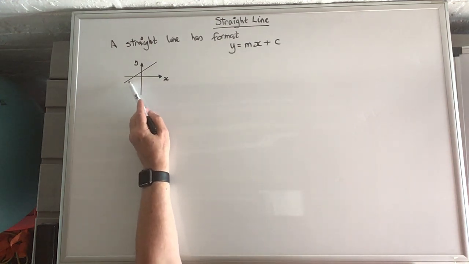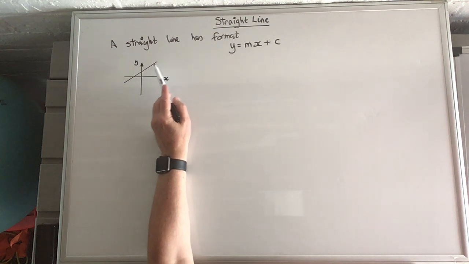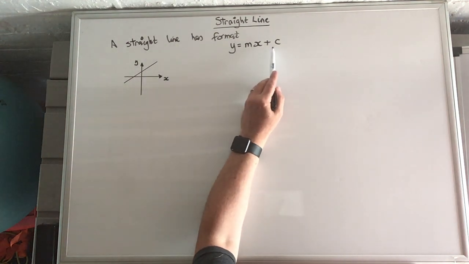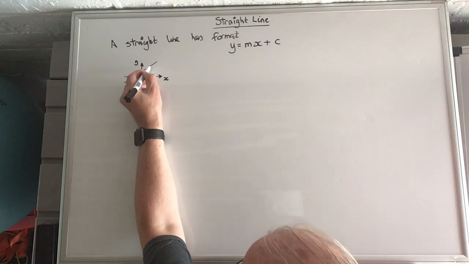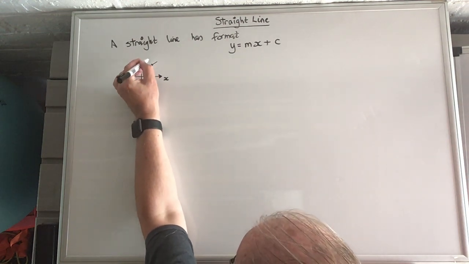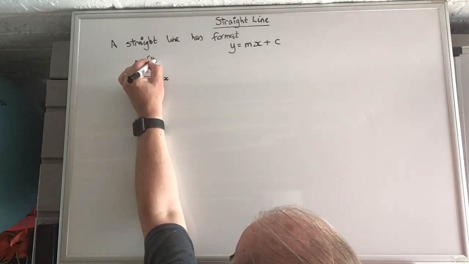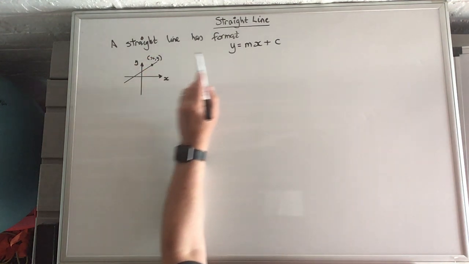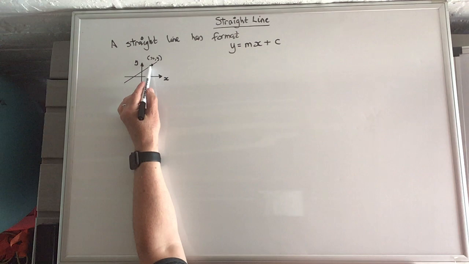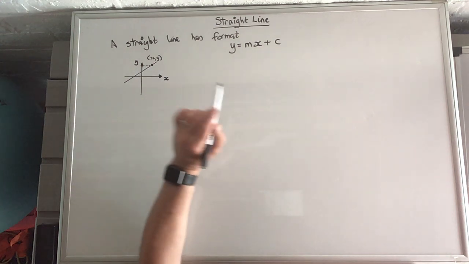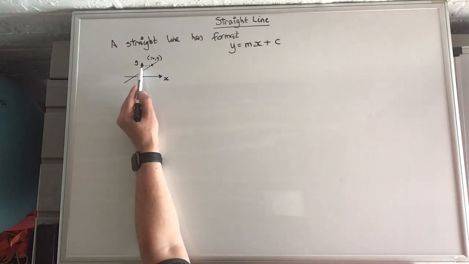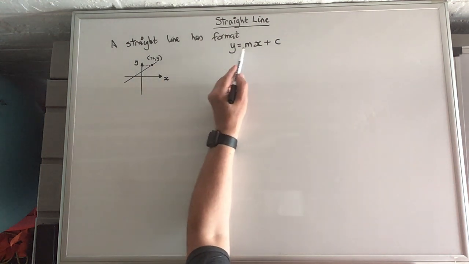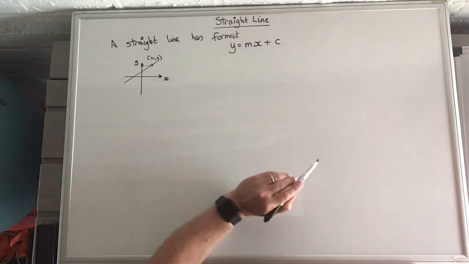Any point on this line is defined using this equation. If I put a point on the line and call it (x, y), then the y stands for the y coordinate. If I put a wee dotted line here, whatever that value is, the y coordinate at this point is equal to mx plus c.